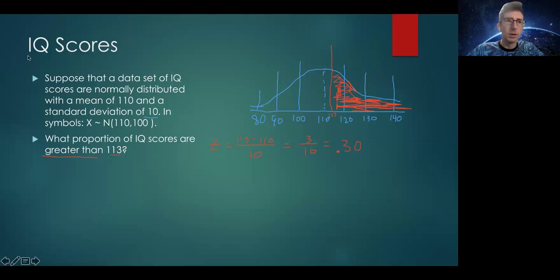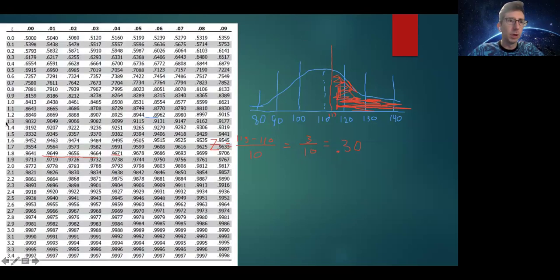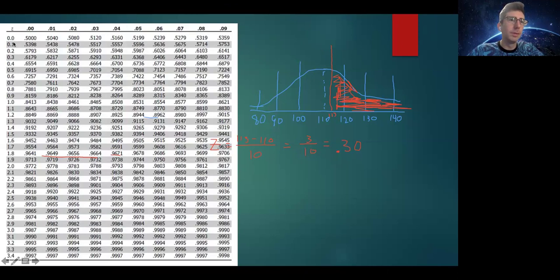And it is a positive value, right? So if we go back to our z-table, we can come down to 0.3. Right here, and it's 0.30 exactly, right?